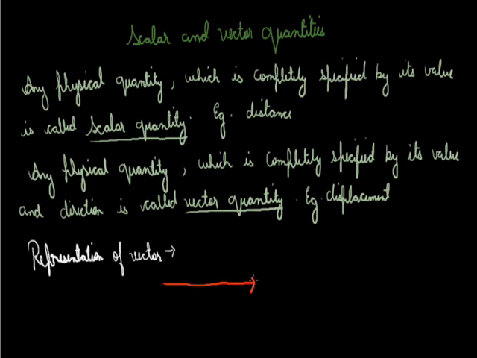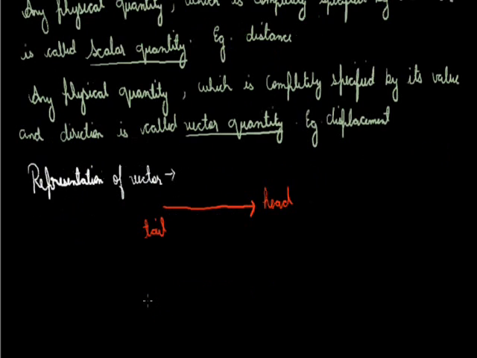This line segment gives the symbolic representation of a vector. In this figure, this arrow part is known as the head, while the flat part is known as the tail. So this is how we can represent a vector.